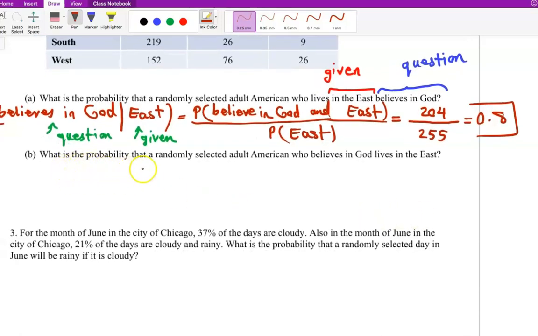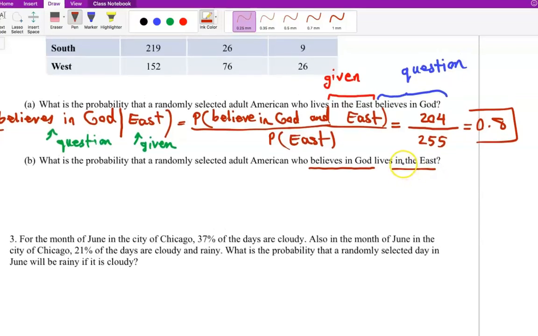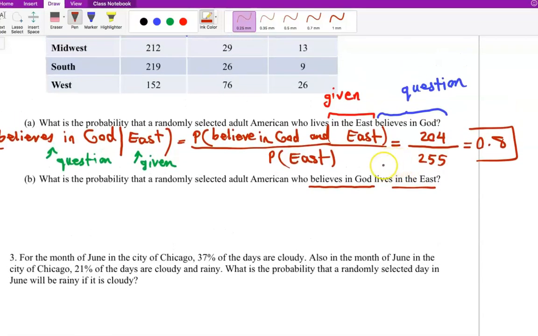Now, part B: what is the probability that a randomly selected adult American who believes in God lives in East? So now, this one is the given, and this is the question.